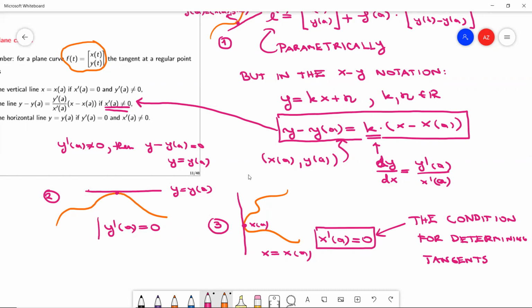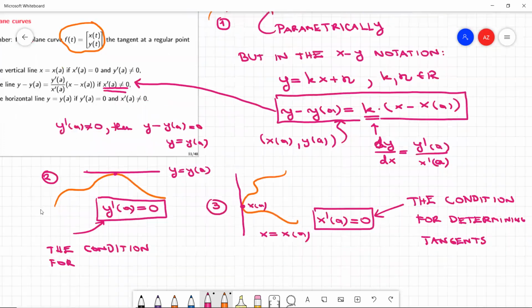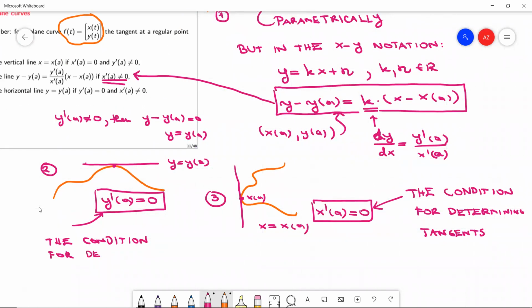The same for the horizontal tangents: instantaneously, y shouldn't change, so y prime should be 0. This is the condition for determining horizontal tangents. Determining horizontal and vertical tangents will be two important steps in plotting a parametric curve approximately.